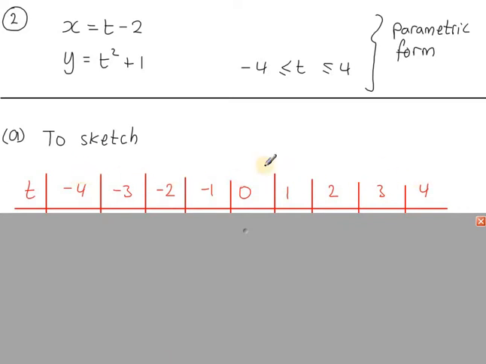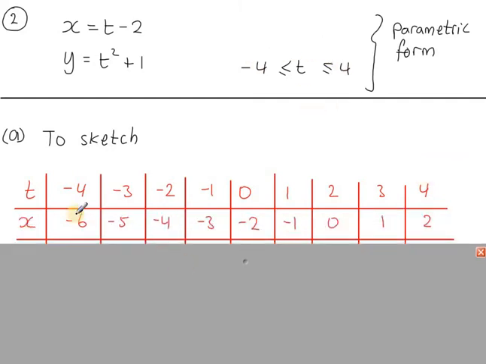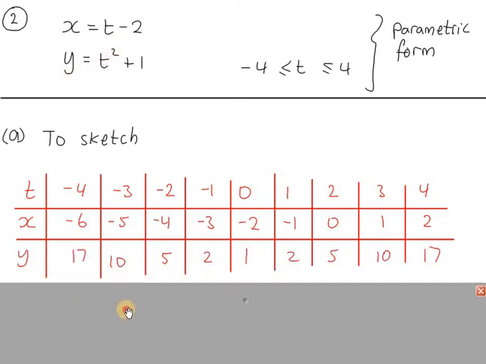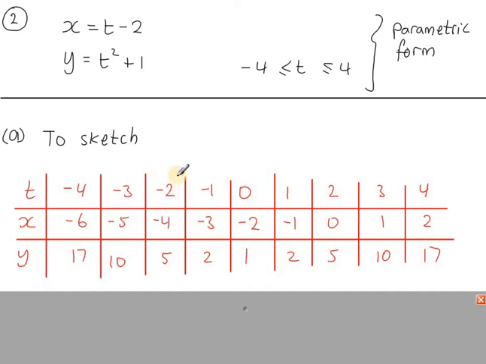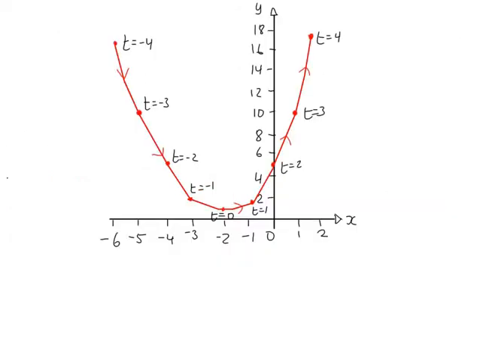So t equals -4 there, t equals +4 in that interval, and all of these x values come from x equals t minus 2, so take the value of t minus 2, and for the y values take the value of t, square it and add 1. For example, -2, square that, we get 4, add 1, we get 5. And now we have coordinates in pairs like this, and then we can plot these on a graph and we get this.